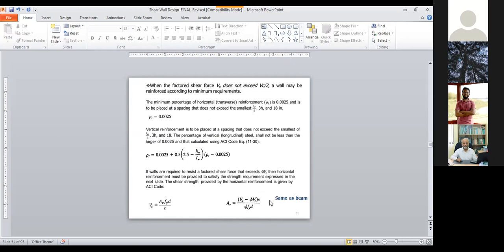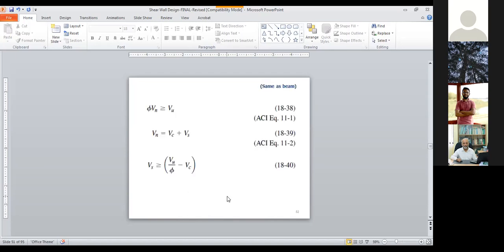And the last two equations, I think you can remember, are the shear design equations. This is nothing but the equation that we use to calculate the shear reinforcement that we already derived when I talked about the shear design of reinforcement. So you can calculate the amount of shear reinforcement from these equations.